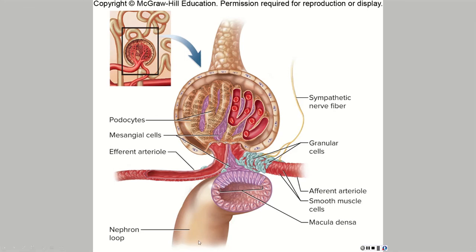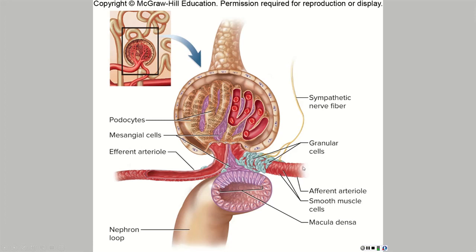First, here's that ascending limb of the loop of Henle bending right as it meets the DCT. We've got some cells right here along the wall of that tubule, and these cells are chemoreceptors. We give them the name the macula densa. The macula densa are modified chemoreceptors.